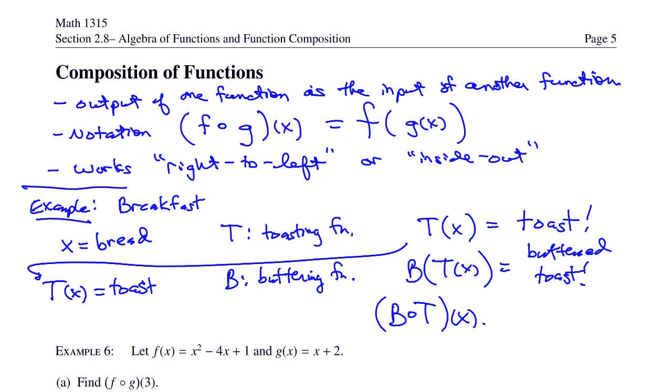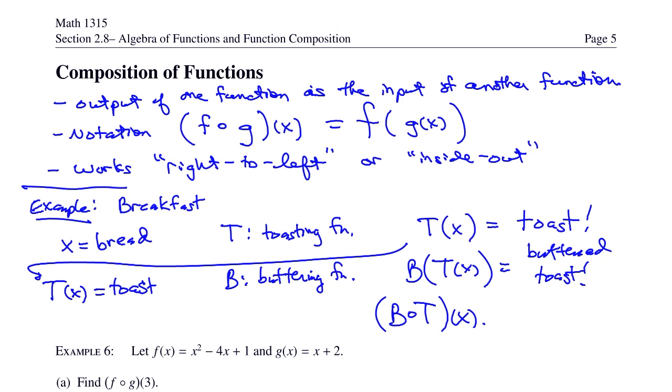You could also put a little cream cheese and stuff. What about a little strudel? You could put a toasted strudel, and then you have the icing function. You could have a jam function. That's how composition works. So the main thing is you're taking the output from one function and you're using it as the input of another function.